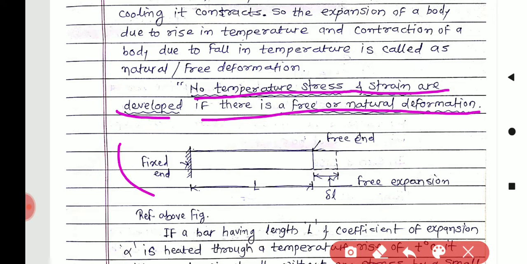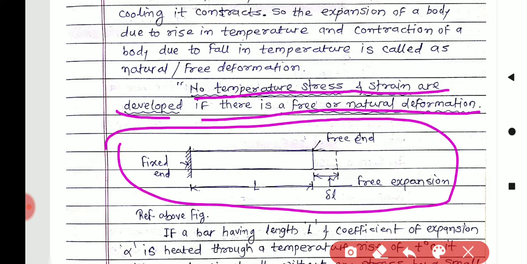Now here you can see the figure. One end is fixed, this is the metal bar. When a metal bar is heated, it expands. That means the length of that particular body, that is the delta L, is the free expansion.